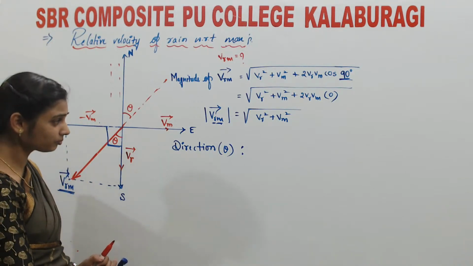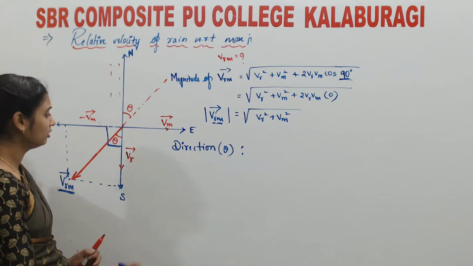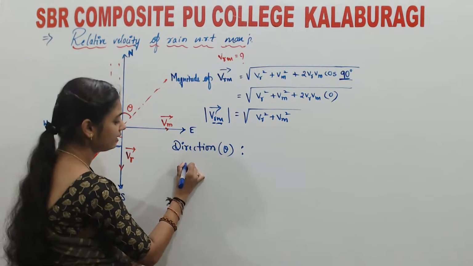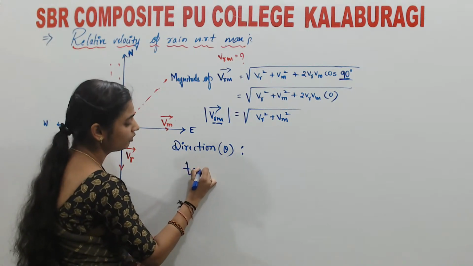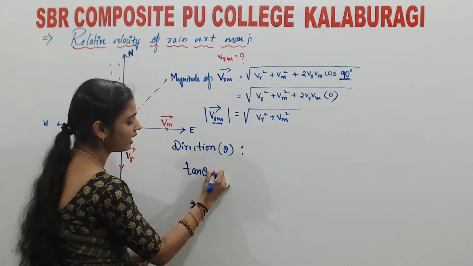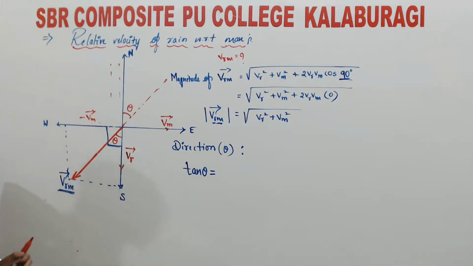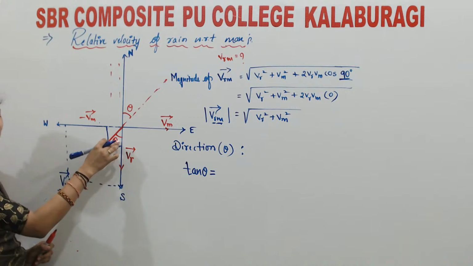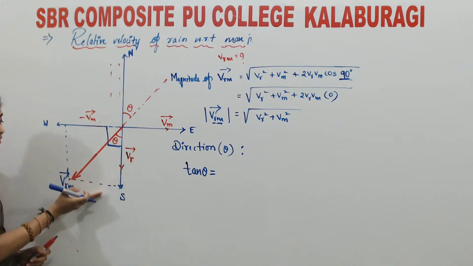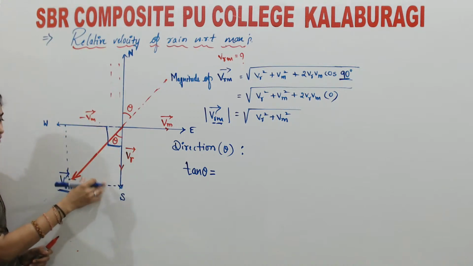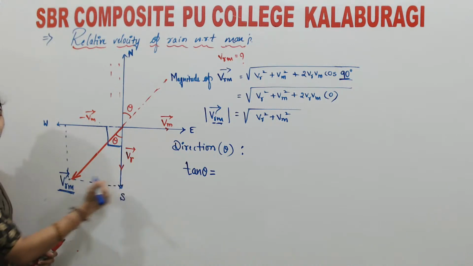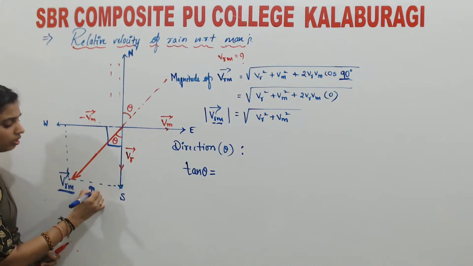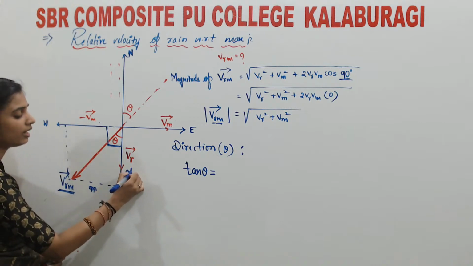Okay, so now for finding that, what can you do? For finding theta, I can put tan theta is equal to opposite side divided by adjacent side. For this theta, the side opposite to it will act as the opposite, and here it will be the adjacent.